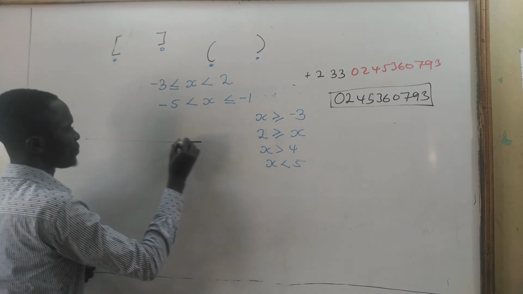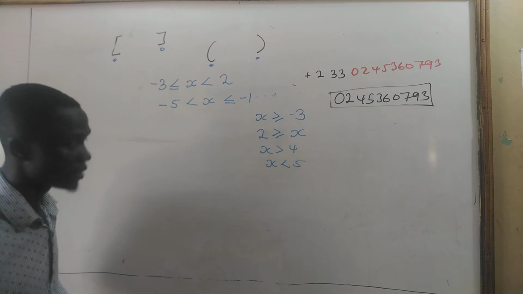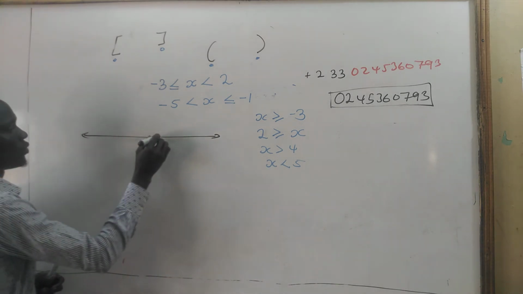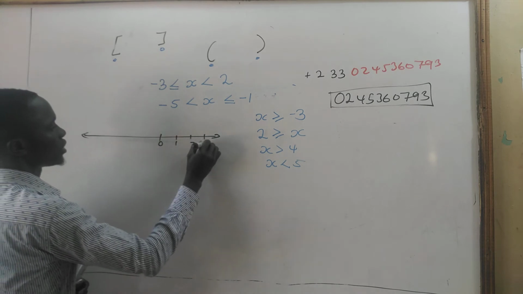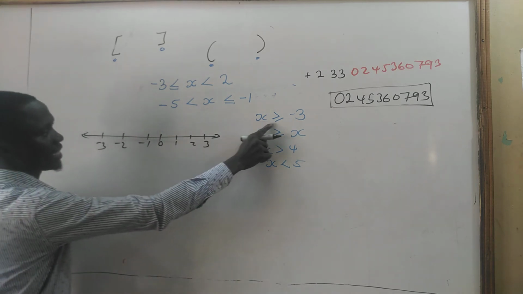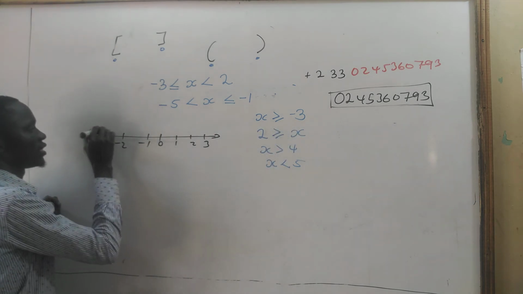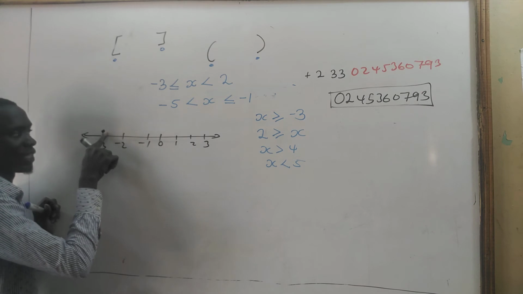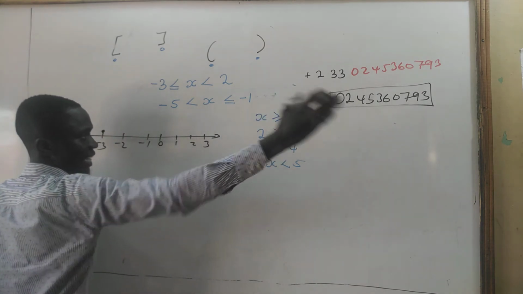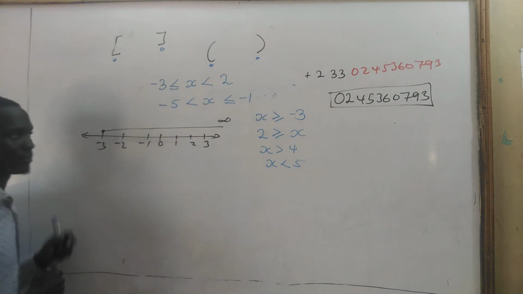If we consider the number line, we have 0, 1, 2, 3, minus 1, minus 2, minus 3. X greater than or equal to negative 3 means that negative 3 is included. But when you stand on negative 3, all numbers greater than negative 3 move to the right hand side and it goes up to positive infinity.